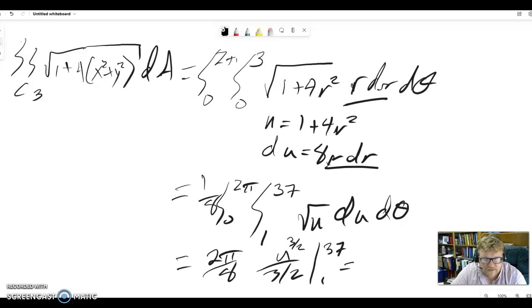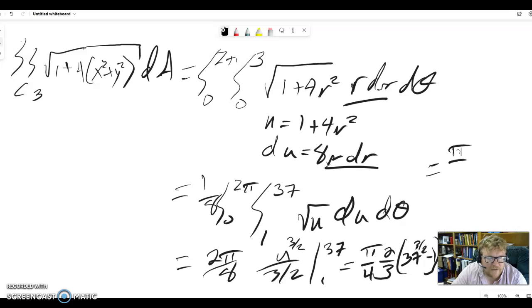And so this answer isn't very nice, but it's pi over 4 times 2 over 3, could have simplified that some more, and then it is the 37 to the 3 halves minus 1. One more simplification there if you really want. I think it's pi over 6, and then 37 to the 3/2 minus 1. I don't think I can get any better than that.